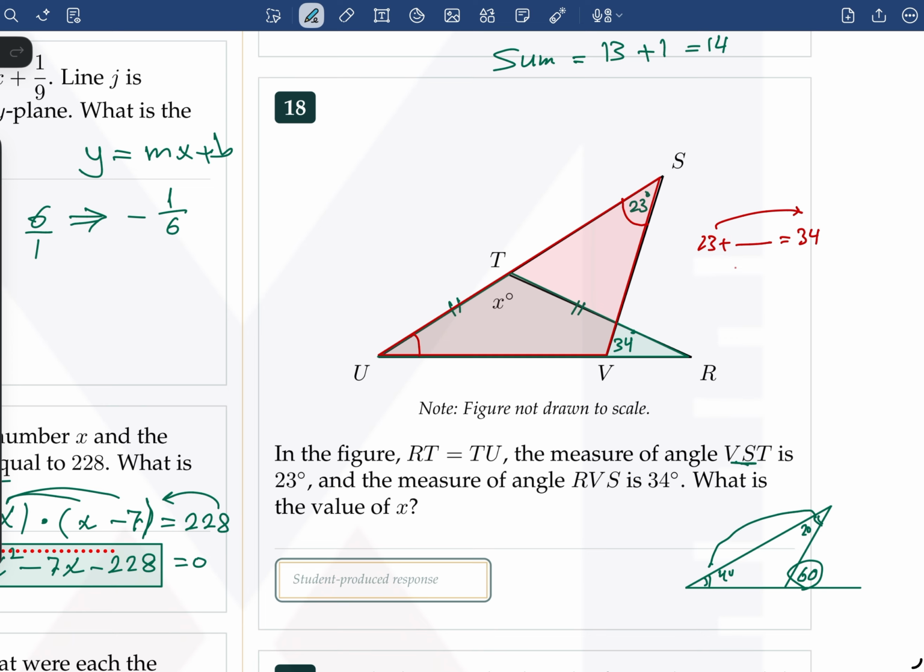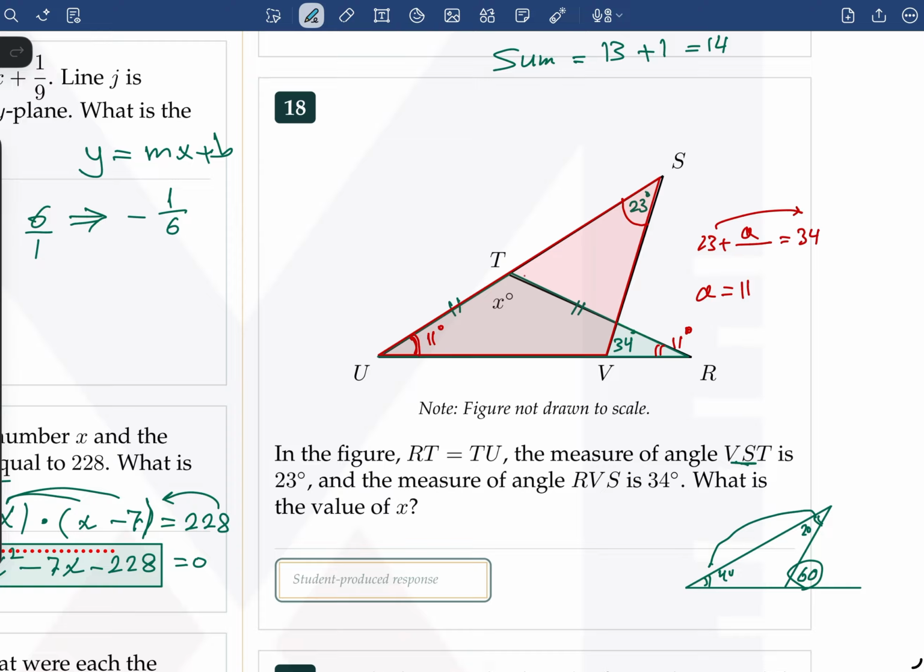Just move the 34 to get the value. Let's say this is not x, let's say it's a, for example. So a is equal to 34 minus 23, which is 11. So here is 11, and once you have this angle 11, this must be also 11, because as we said, TU is equal to TR. This is an isosceles triangle, which means that base angles are equal.